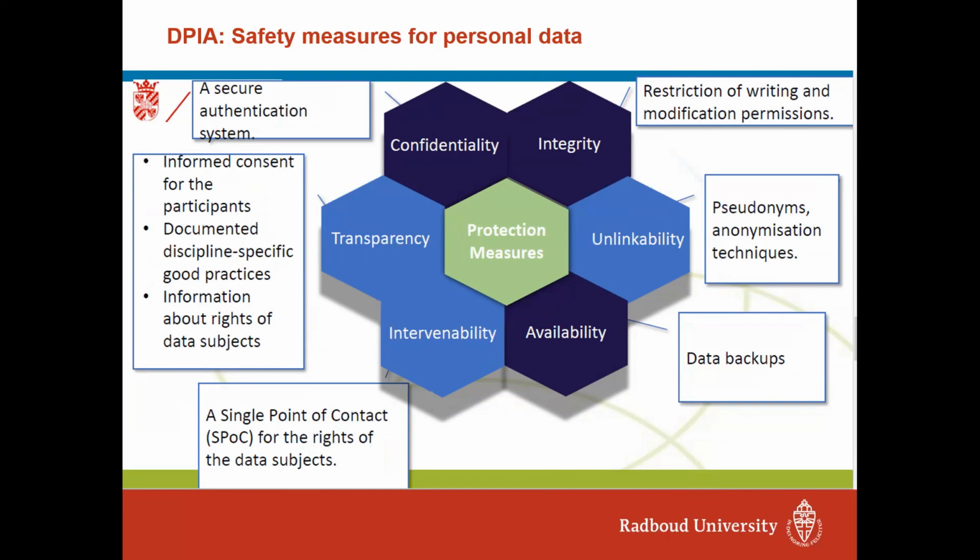When we talk about unlinkability, it's about pseudonymization and anonymization. For transparency, we need informed consent for the participants, documented discipline-specific good practices, and information about the rights of the data subjects, the participants. And for intervenability, a single point of contact for the rights of the data subjects where they can turn in case they have questions.